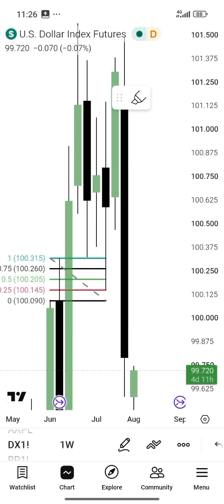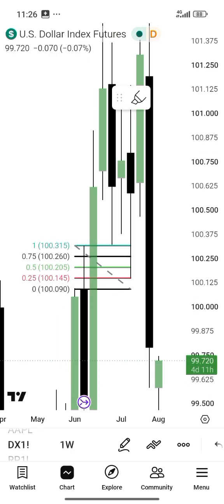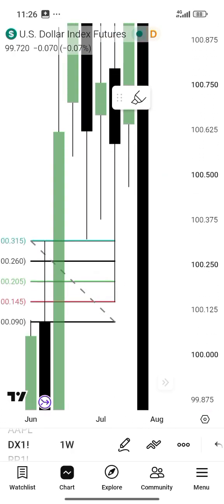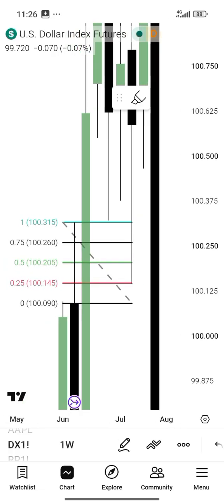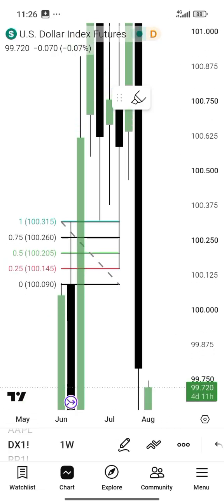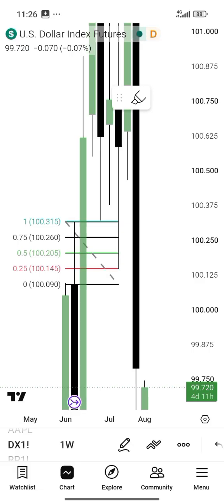So happy days. Another thing I also mentioned in my previous video is that a weak gap can also become a balanced price range. To be honest, I've not really used this concept like that. I end up using being drawn to other PD arrays because that's what I've been used to.